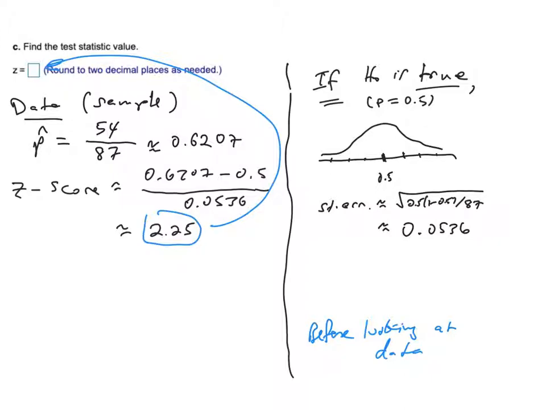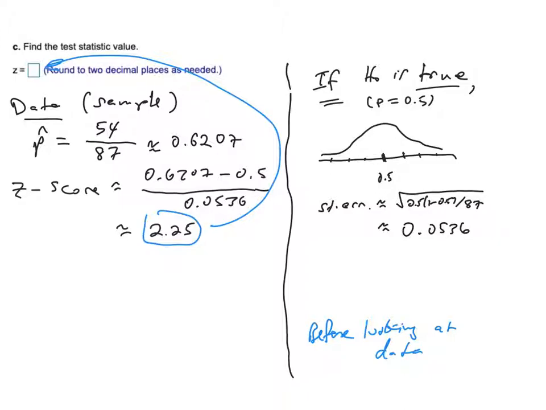And so the next question is going to be, what's the probability that you would get something like that? And so that's where I need to be able to look up things in my table. And that's the main reason that we converted to z-score here, is because our table is in terms of z-scores.